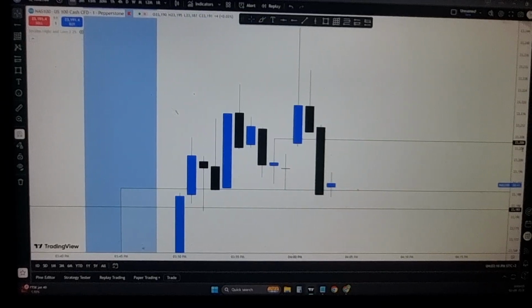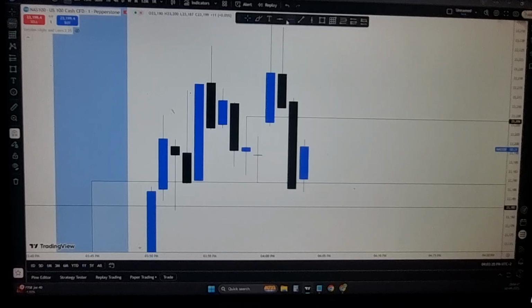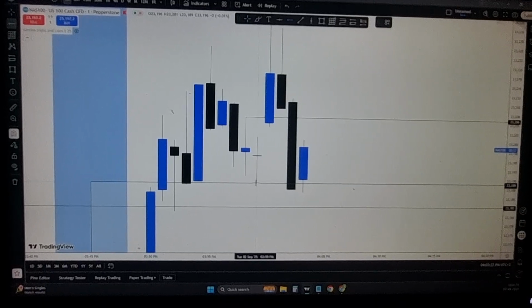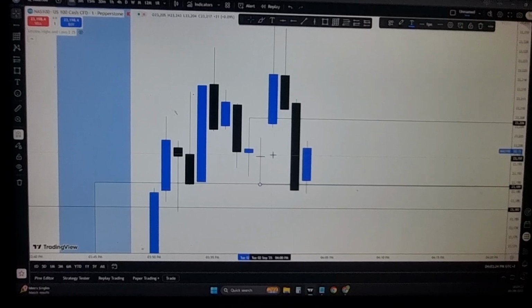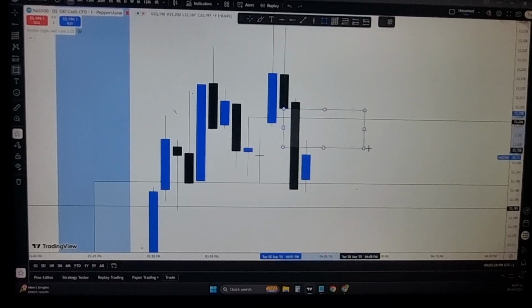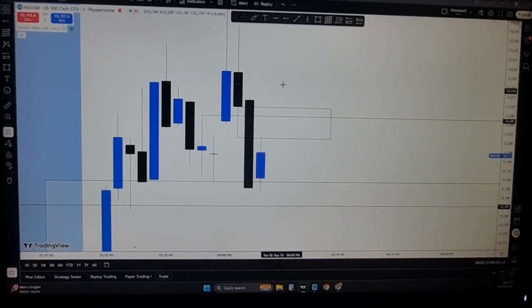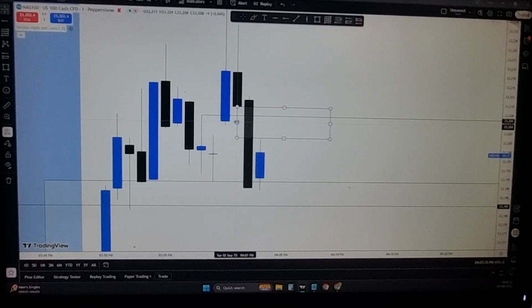So we also break structure to the downside over here. My bad. And we have this 1 minute fair value gap to the downside, inversing this gap.